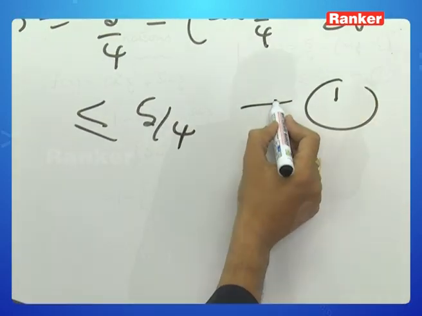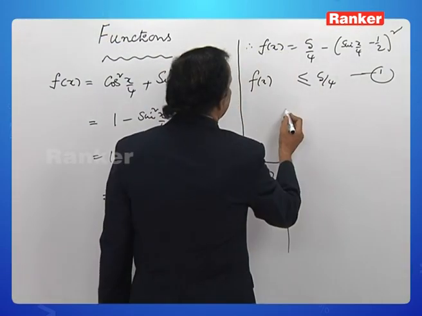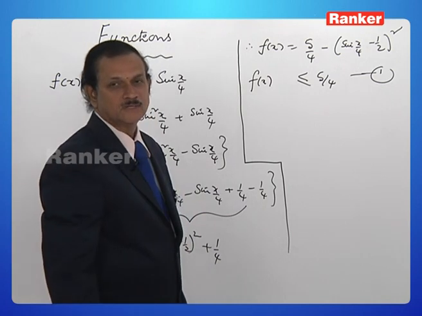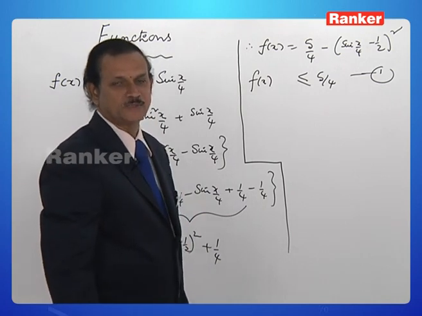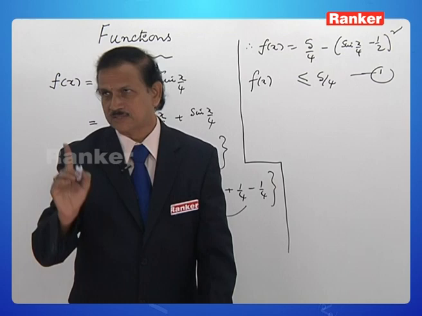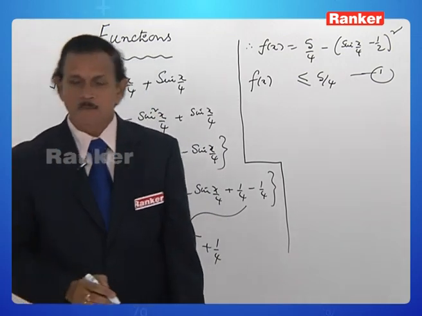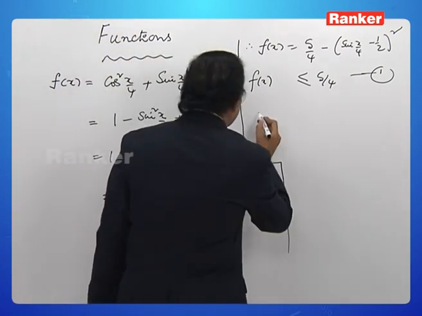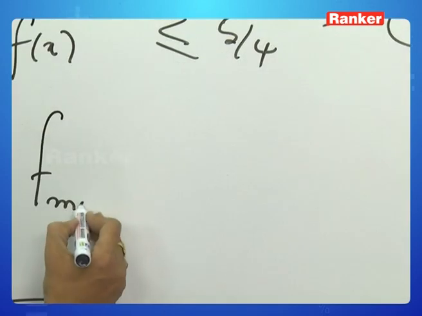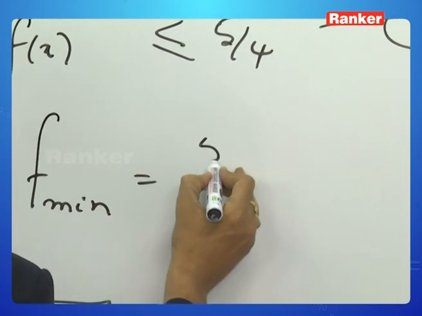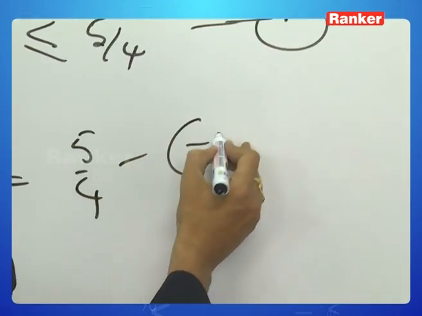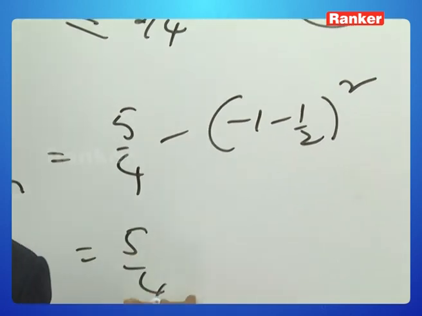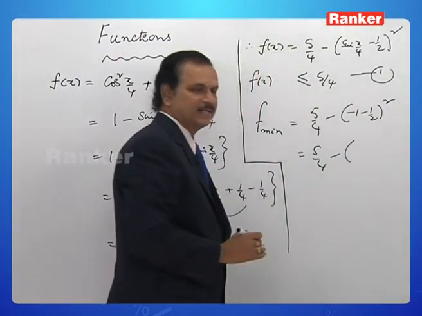Call this relation 1. Okay. What is the minimum value of sin x by 4? Sin x by 4 always lies between minus 1 and 1. Maximum value of sin x by 4 is 1, but the minimum value of sin x by 4 is minus 1. Therefore, minimum value of f: how can you estimate? 5 by 4 minus (minus 1 minus 1 by 2) whole square. 5 by 4 minus, what is minus 1 minus 1 by 2?